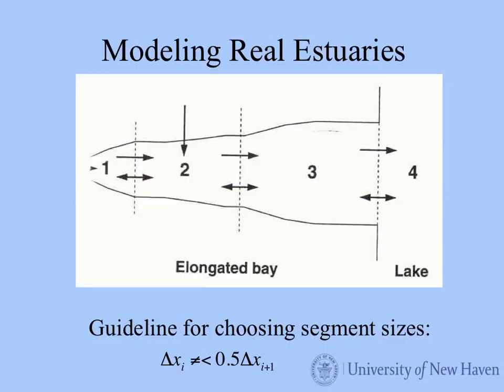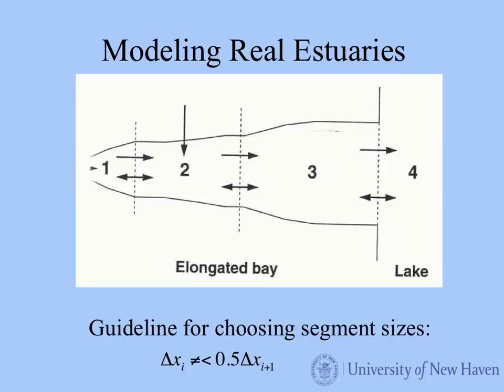I already mentioned one guideline that can be used in choosing a segment size, and that is when looking at your system, to break it up into sections where the hydrogeometric properties appear to be fairly constant. In the example shown here, we have 4 segments defining this estuarine system.